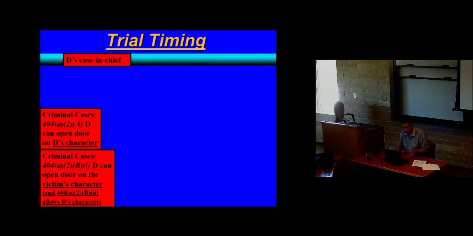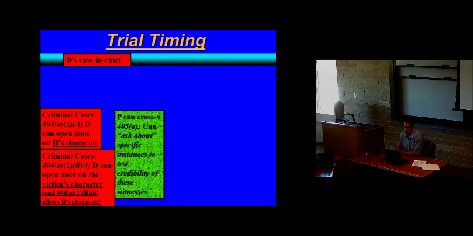But if the defendant does open the door on the victim's bad character, the defendant opens the door on his own character on that very same trait. At that point, the prosecution, or in a civil case, if it's a minority jurisdiction that's criminal in nature, the plaintiff, but usually it would just be in a criminal case where the defendant has opened the door.